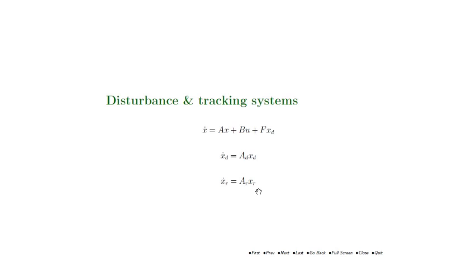And when we're going to work with tracking signals in this module, we'll normally work with steps. But don't worry about that too much for now. For now, think of the tracking signal as a vector that changes with time, the time functions that you'd like the states of the system to follow.